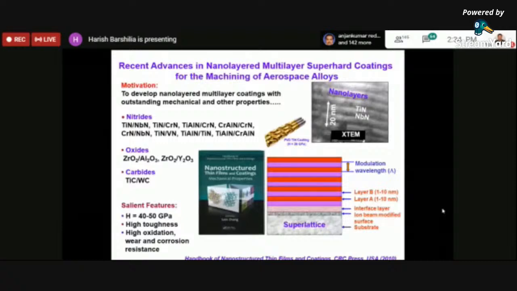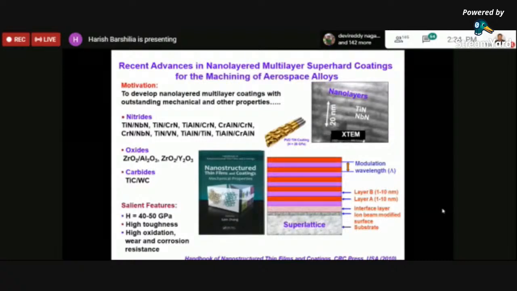As a result, the material exhibits very high hardness and high toughness. You might know that even though diamond is the hardest known material, its fracture toughness is very low. If you hammer it, it will break in pieces. But in these materials, the toughness is also very high.